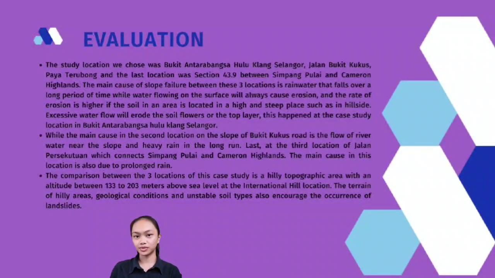The comparison between the locations shows a hilly topographic area with an altitude between 133 to 203 meters above sea level at the Antarabangsa location. The terrain of hilly areas, geological conditions, and unstable soil types also encourage the occurrence of landslides.